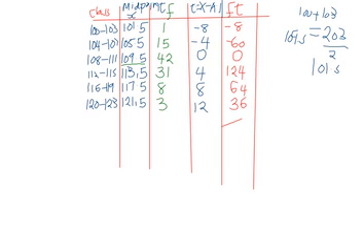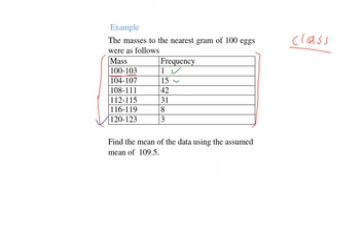In the next step, we are supposed to get the summation of ft, which is sigma ft, and the summation of f, sigma f. If you add the frequencies, you are supposed to get 100, because you were told these masses were recorded from 100 eggs.